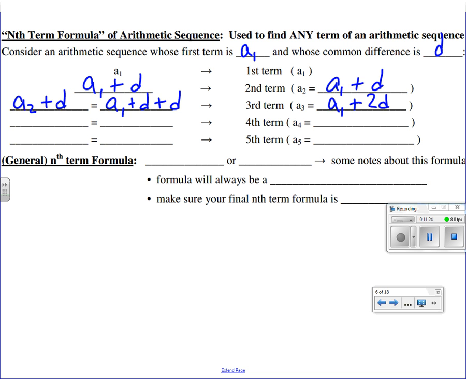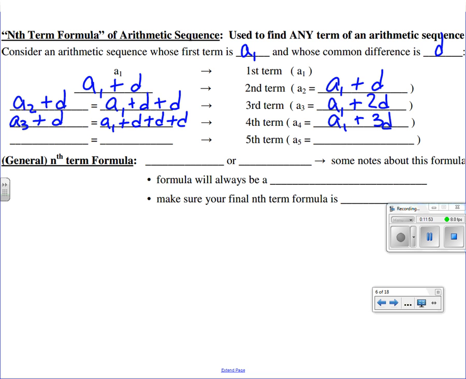All right, what's a way to get the fourth term? A3 plus D. Very good. What's another way to get it? For now I'm just going to write D plus D plus D. And then over here I'm going to write A1 plus, combining these together, 3D. If you don't understand any of this, it's okay.